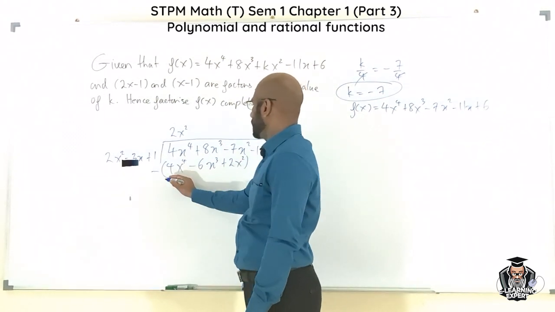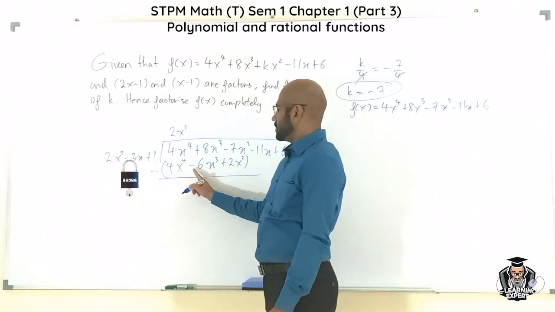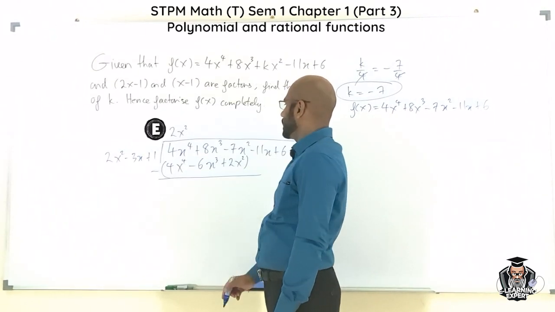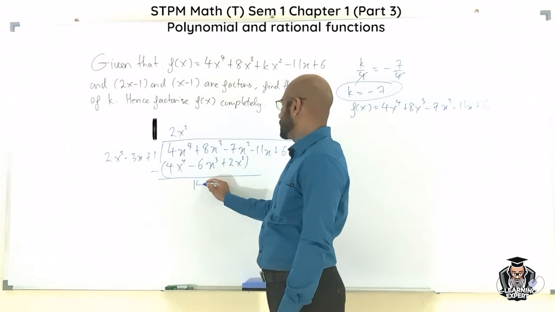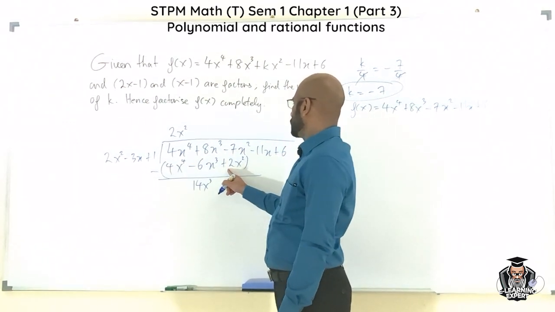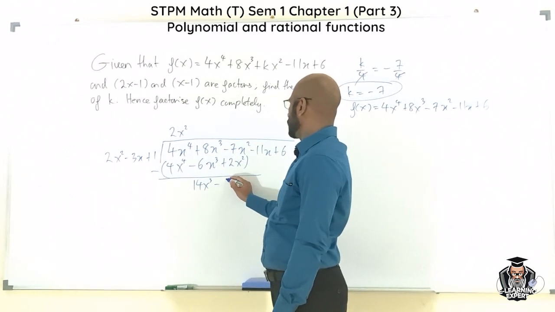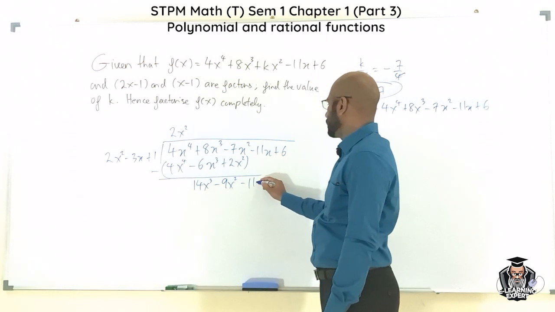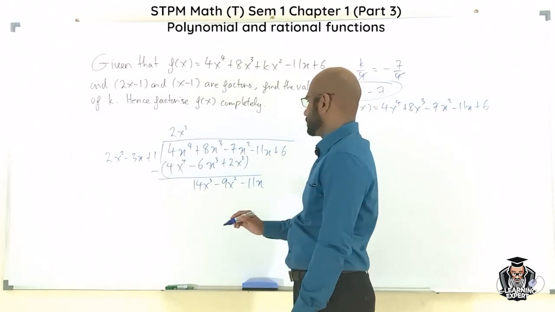Minus, open bracket, do not forget, minus minus is a plus because these two have eliminated each other. 6 and 8 gives me a 14x cubed minus 2x squared minus 7x, so we got a minus 9x squared, and bring down the negative 11x over here.